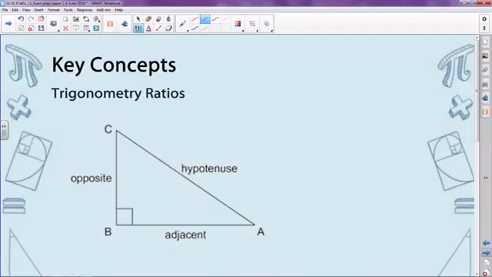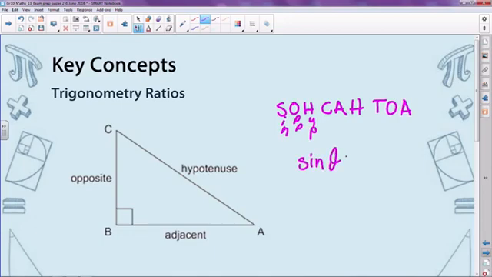So we're going to talk about the trigonometric ratios, and you'll remember that I spoke about an abbreviation, SOHCAHTOA. Why? Because sine is equal to opposite over hypotenuse. So sine of theta is equal to my opposite over hypotenuse.